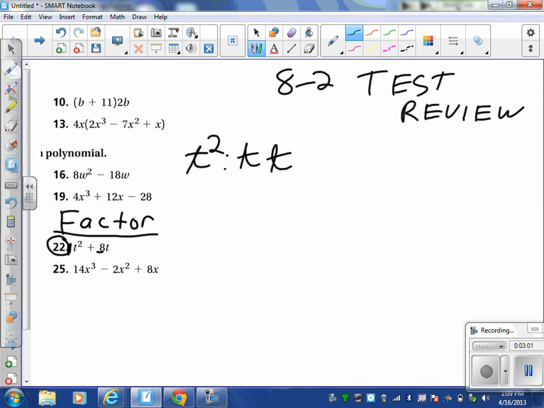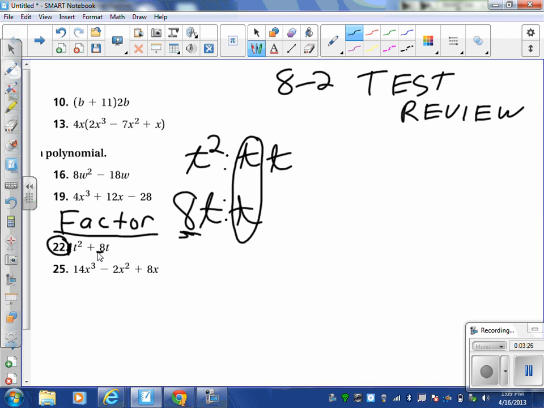My other number, 8t, I don't have to worry about finding the factor for the 8 because there's not a number up top. I'm just going to write down the t that goes with that problem. So I'm looking for a greatest common factor. I have a t in both of them, so that's my greatest common factor.